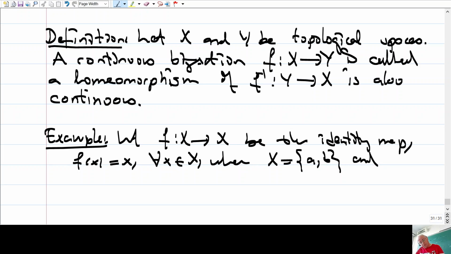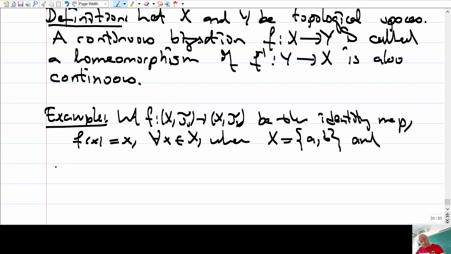And let f go from (X, tau 1) to (X, tau 2). And tau 1 is this topological space.